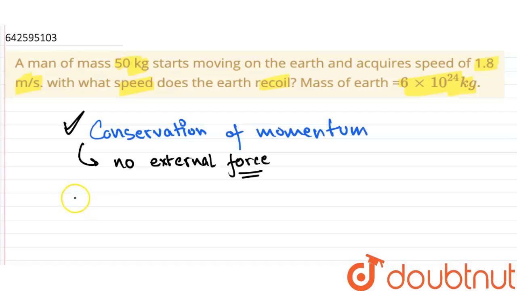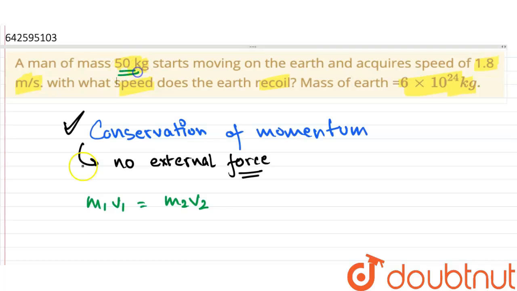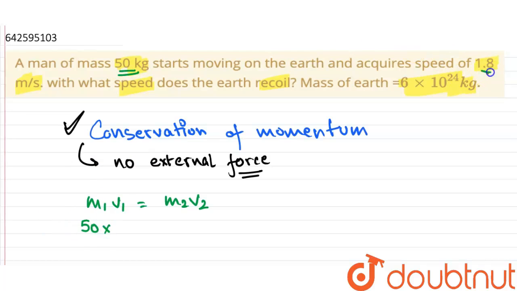So, we know that m1 v1 equals m2 v2. Mass of man is 50 kg. Velocity of man is 1.8 meters per second. Mass of earth is 6 into 10 raised to the power 24 kg, into v2, the recoil velocity of the earth.